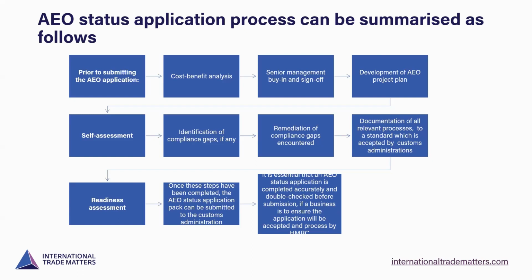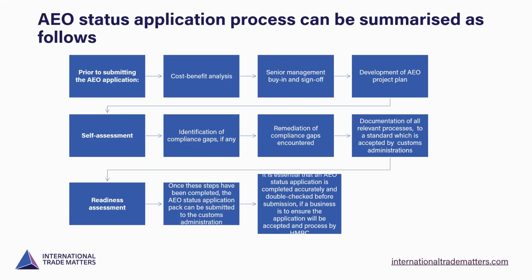You'll need to develop an AEO project plan. Then you undertake a self-assessment, identify your gaps if there are any, input your remedies for the compliance gaps that you've found, document all of the relevant processes to the standard which is accepted by customs, and then get yourself ready for the assessment.